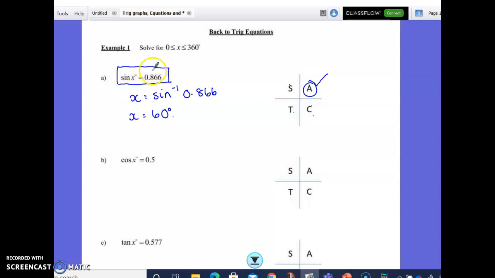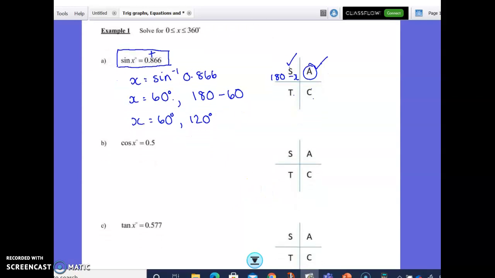Now 0.866 is positive, sine is positive in the all, because they're all positive in there, and it's also positive in here. In here, we do 180 minus x to get our answer. To get my second answer here then, I need to do 180 minus 60. So I get 2 answers, 60 degrees, and I get 120 degrees.